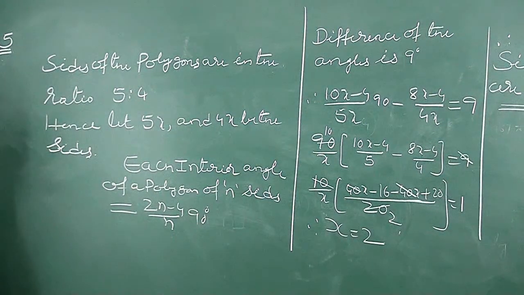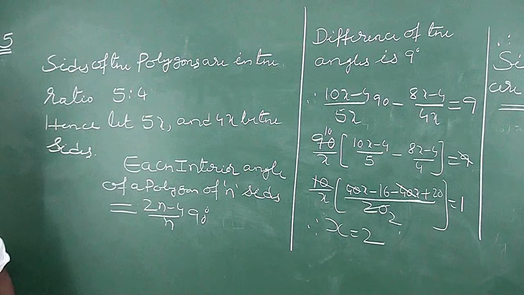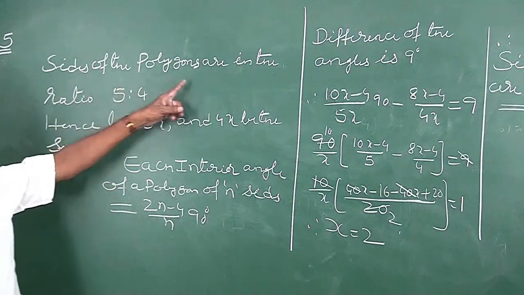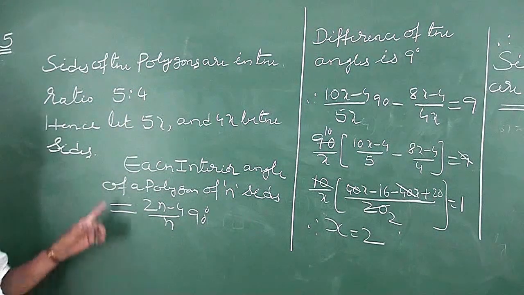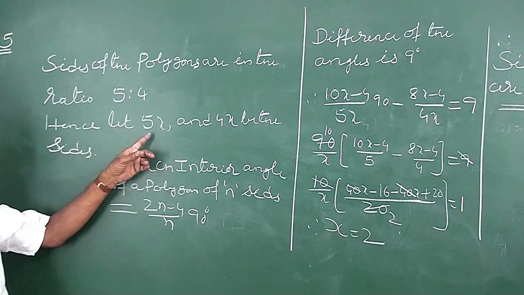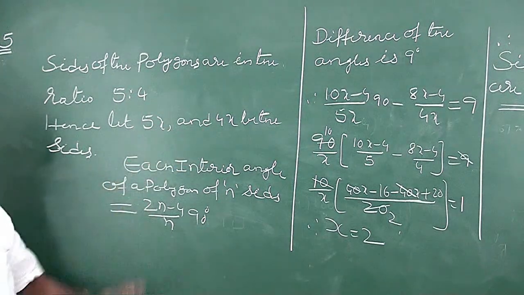So, the question is the number of sides of a regular polygon are in the ratio 5:4 and the difference between their angles is 9 degrees, and we are asked to find the number of sides of the two polygons. So, sides of the polygon are in the ratio 5:4. For this reason, we are taking the sides as 5x and 4x.